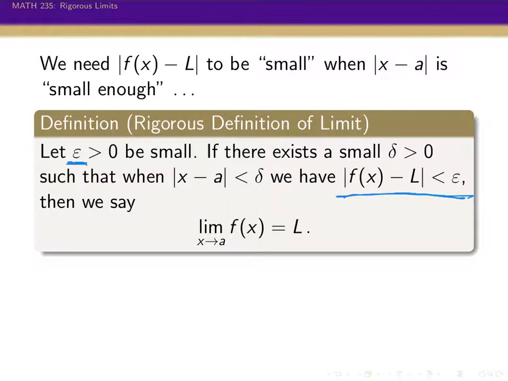I'm going to claim that the limit of f of x as x goes to a is equal to L. And the way I'm going to do that is I'm going to say, okay, you pick any small positive number you want. I'm going to call that small positive number epsilon. If I can find some distance that I need to keep x close enough to a, such that f of x always lands within epsilon of L, that's when we're going to say we have the limit. So let's put this into a picture.